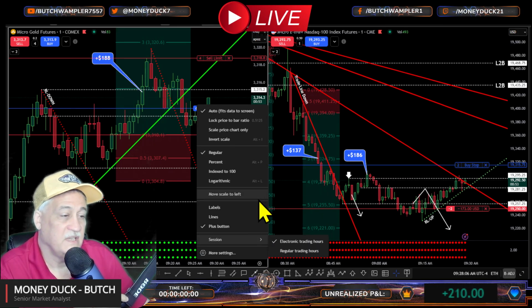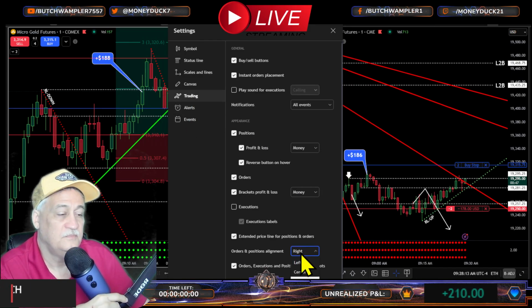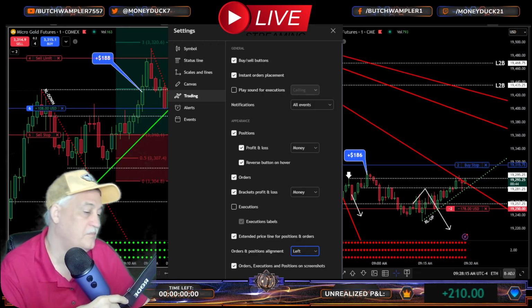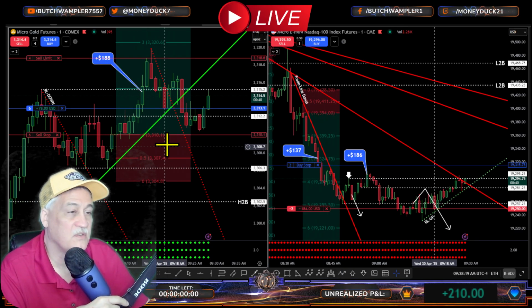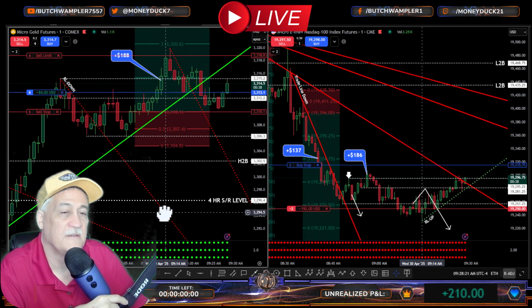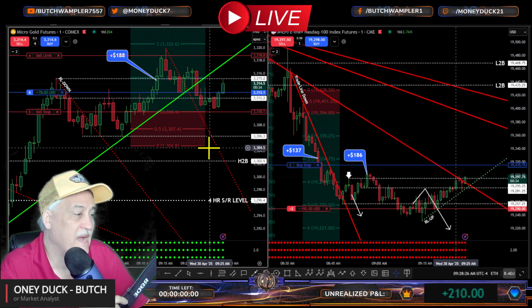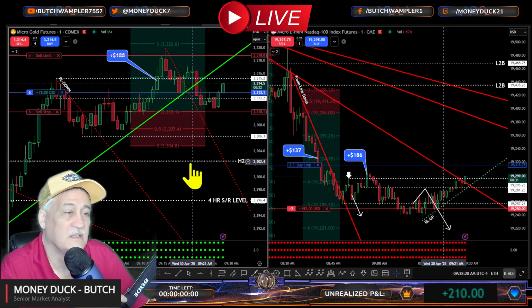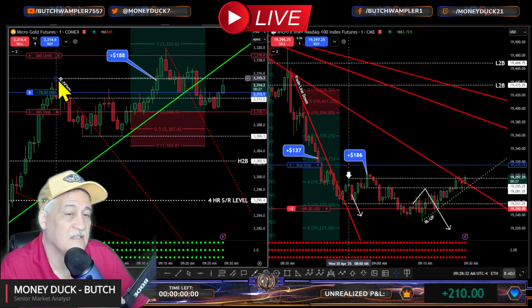I think I'm going to move these. I'm going to move my orders over so they're not interfering with the candles. Back in positive on gold. So right now it's testing this high back here.